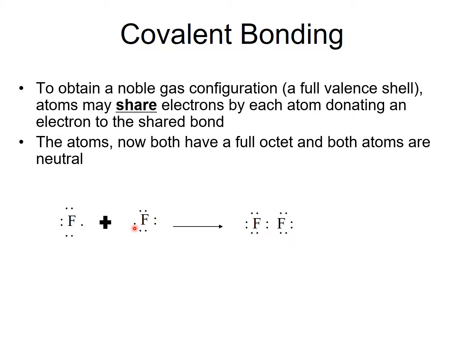Both atoms are now going to share 1 electron from the other atom. So now we have an octet around both atoms, and both atoms are neutral. This is not an electrostatic interaction. This is an interaction where you actually share electrons between the two atoms. So this is my covalent bonding.